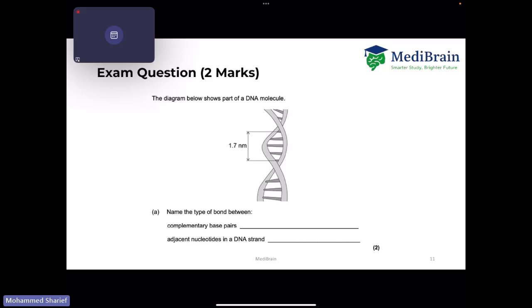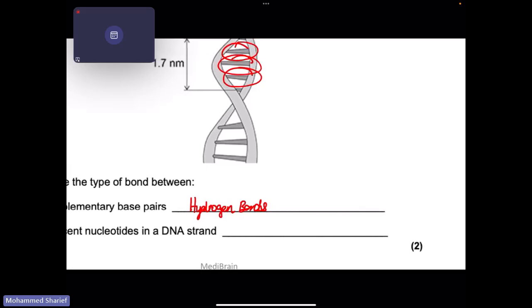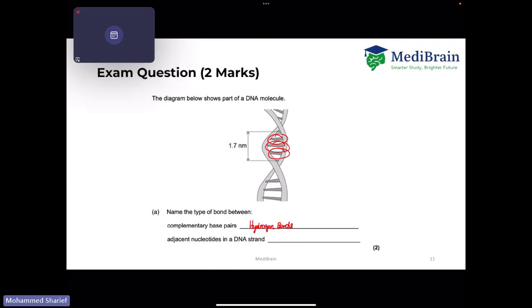Next question, it says the diagram below shows part of a DNA molecule. Name the type of bond between complementary base pairs, adjacent nucleotides in a DNA strand. So complementary base pairs are between these base pairs over here, and we saw that that is hydrogen bonds. So the first one is going to be hydrogen bonds. And adjacent nucleotides in a DNA strand.